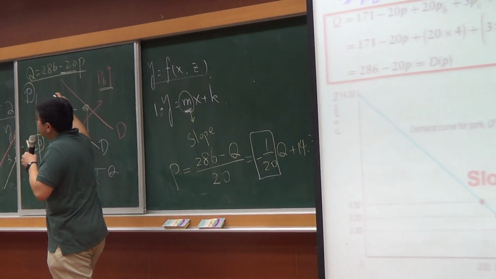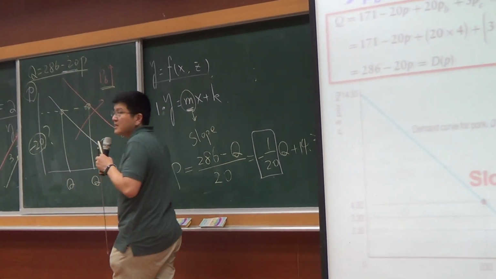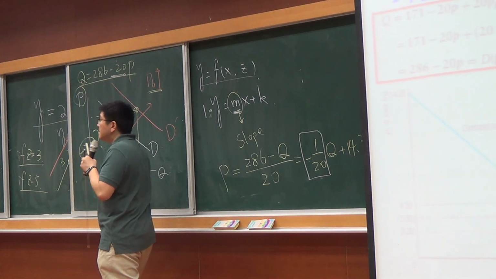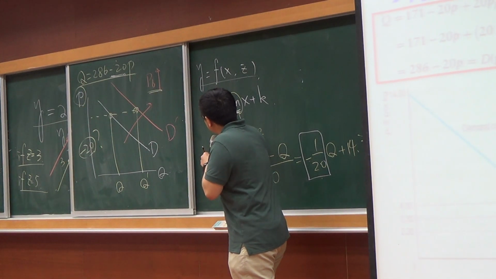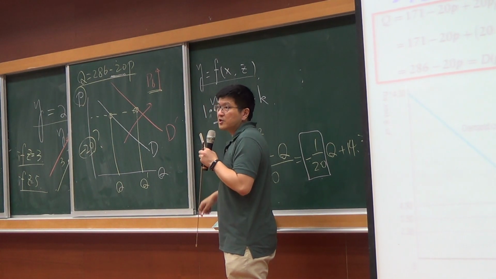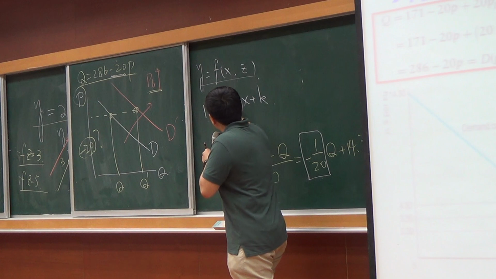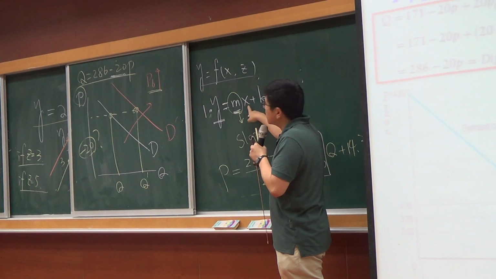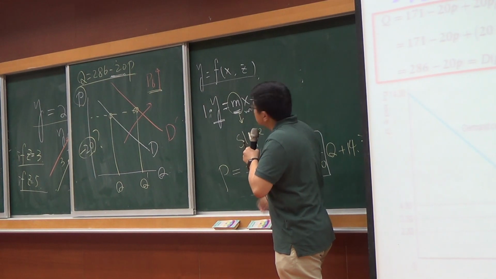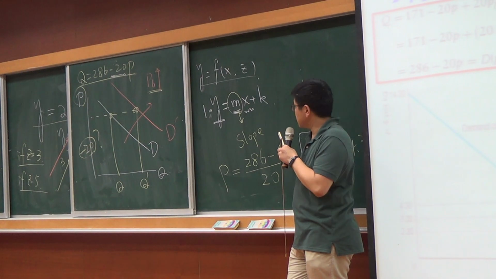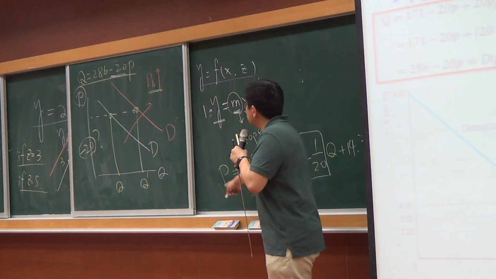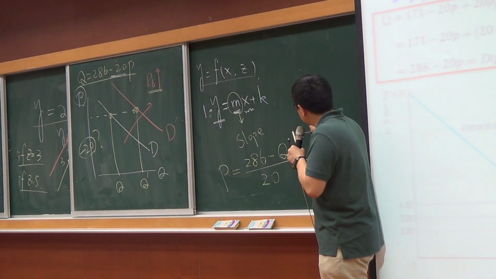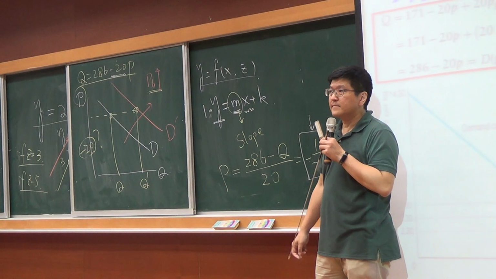Negative 20 is not the slope, because Q is the horizontal axis variable and P is on the vertical. So we need to keep the vertical variable with a coefficient of 1, and on the other side of the equal sign, the coefficient in front of the horizontal variable is the slope. So we rearrange this equation to find the slope.